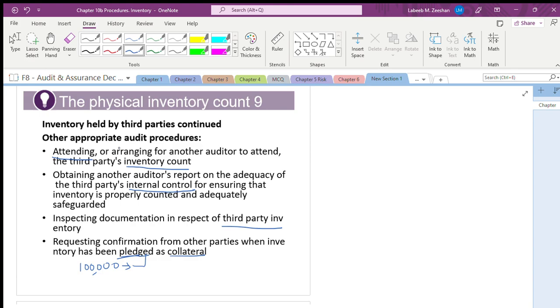You are not selling off the inventory, but you are converting that inventory as of now into cash. Pledge means we have taken some financial assistance on that inventory, if any, and that has to be reflected.